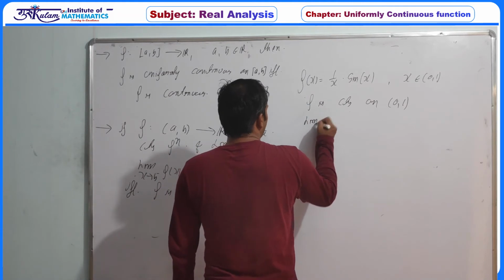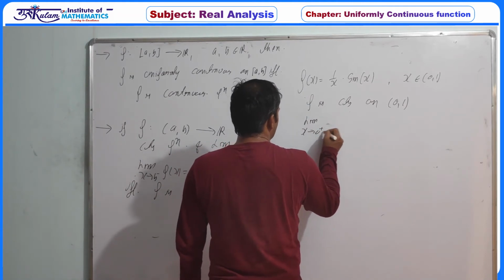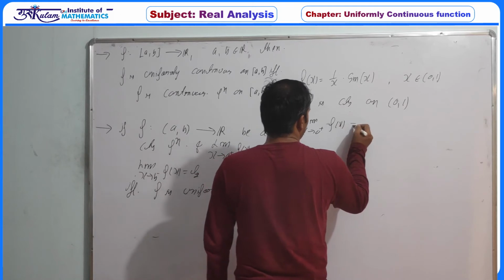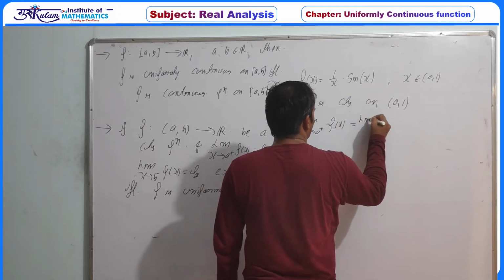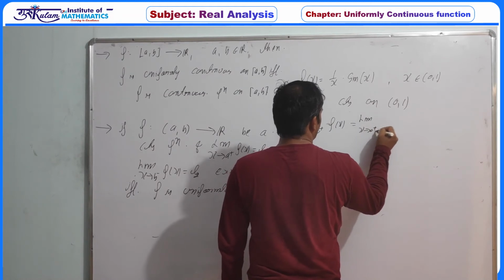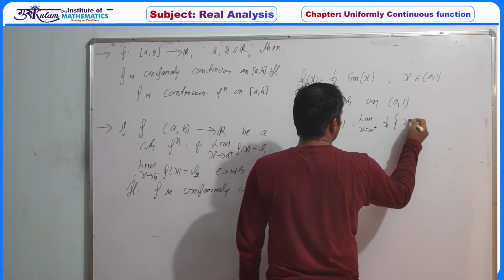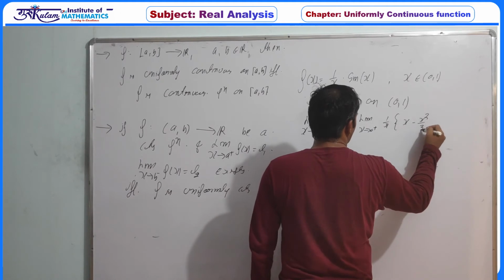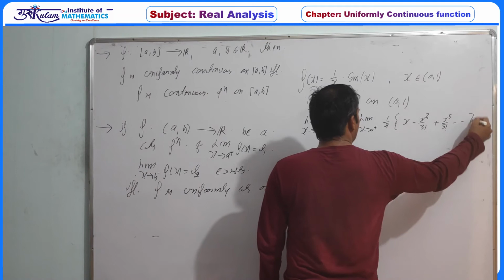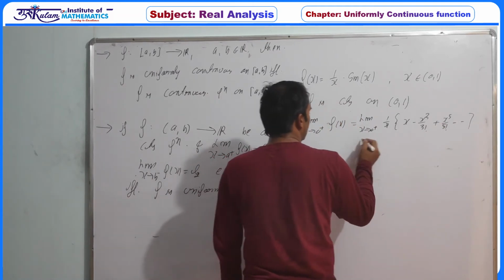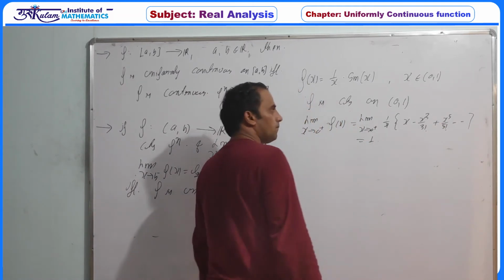And if we find the limit as x tends to 0 plus of f of x, we use the expansion of sin x: (1/x)(x - x^3/3! + x^5/5! - ...). And as x tends to 0, this value must be equal to 1.